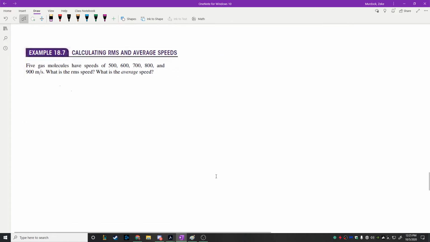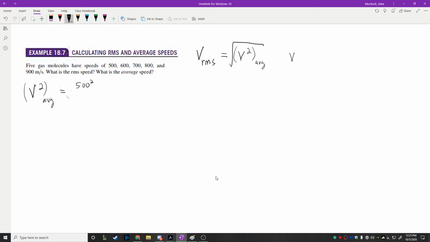Okay, so RMS speed. We said that Vrms was equal to, you take the velocity squared, you average that, and then you take the square root. Okay? So how do we do that? Well, the velocity squared average would mean take all of our velocities and square them, so 500 squared, and add them up.